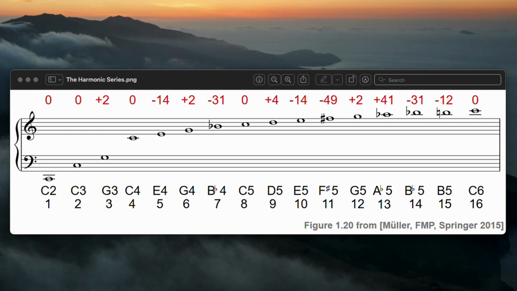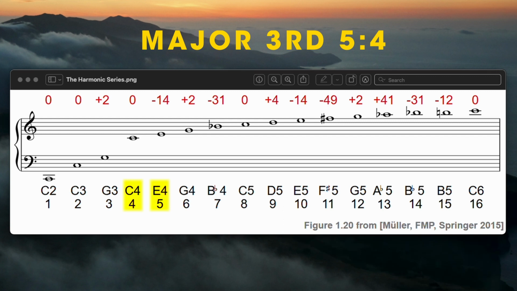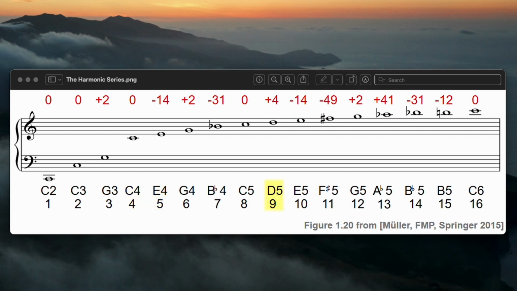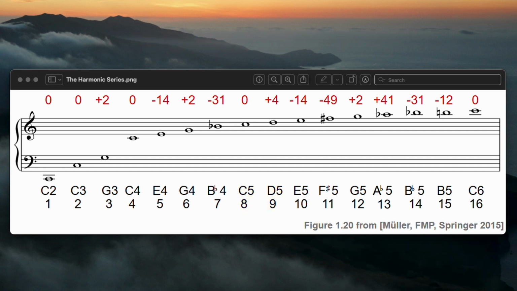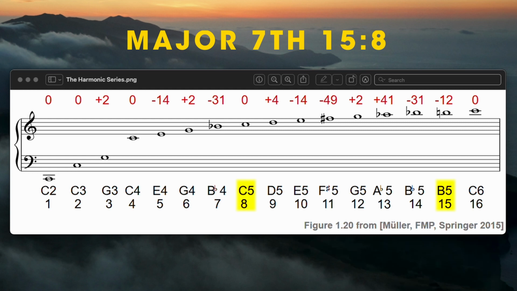To find the ratio of the major third, we see it's the fifth harmonic, with the next closest octave below being the fourth harmonic, so it's a ratio of 5 to 4. Jumping ahead, you can see the major second having a ratio of 9 to 8, the major 7 has a ratio of 15 to 8, and so on. So all these intervals that are produced by the harmonic series are at their purest possible tuning, and it's this tuning that is called just intonation.